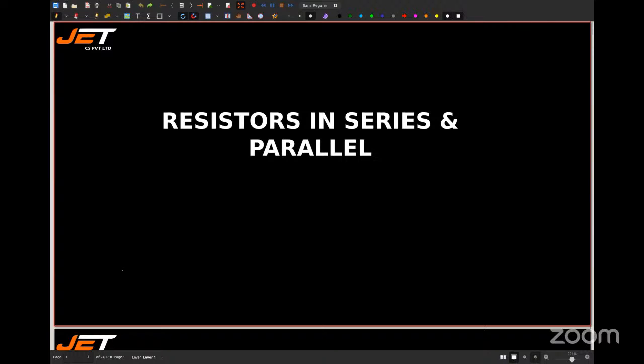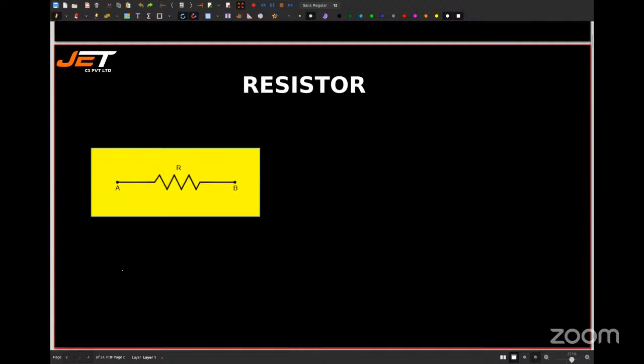So what do you mean by resistor? A resistor is a simple device that we put in a circuit. The name itself says that it resists the flow of current between two points. For example, there is a voltage supplied by the battery.